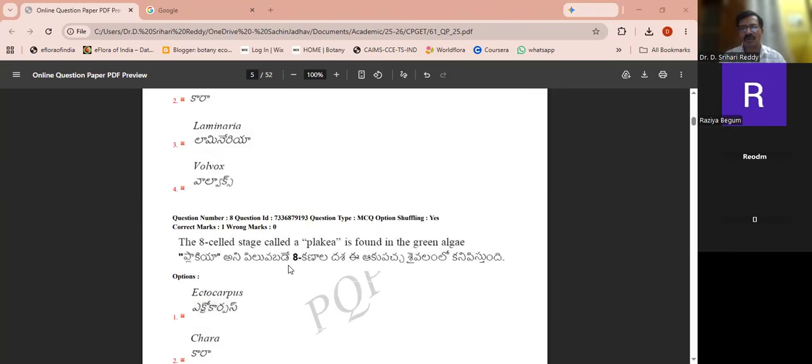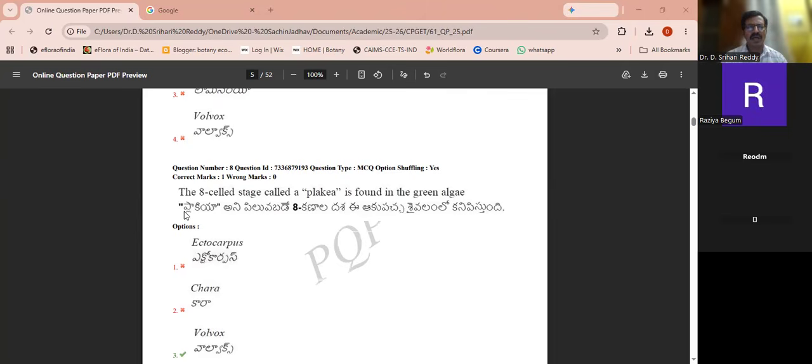Okay. Next. One more question is, the 8-celled stage called plakea is found in which green alga.